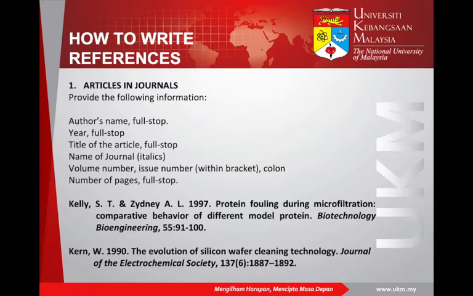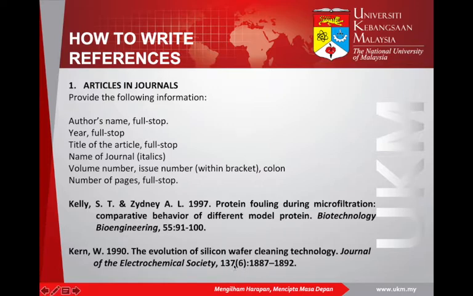If the publication that you are trying to refer to is a journal, first you have to write down the author's names, full stop, and then the publication year, full stop, the title of the article, full stop, and then you should write down the name of the journal in italics, comma, the volume number, and then if there is an issue number, you should write it in brackets like this.